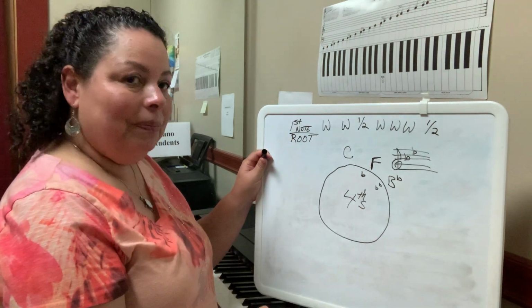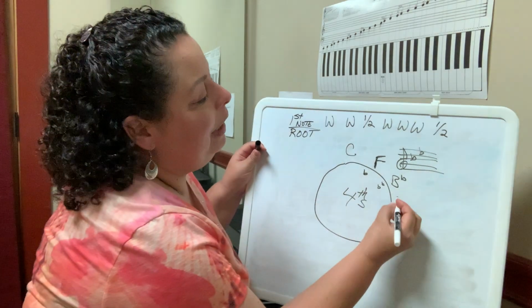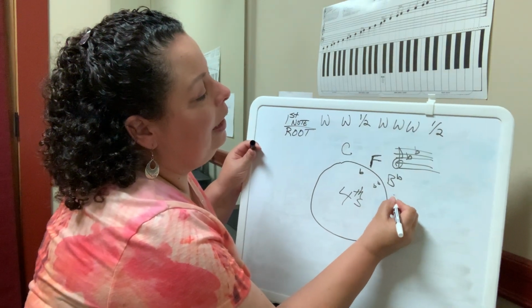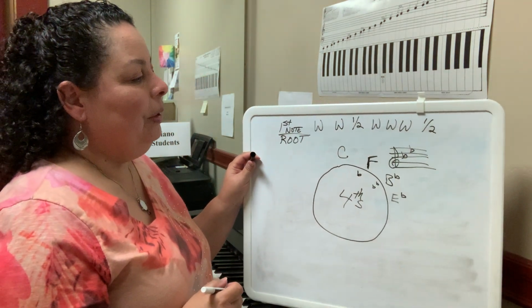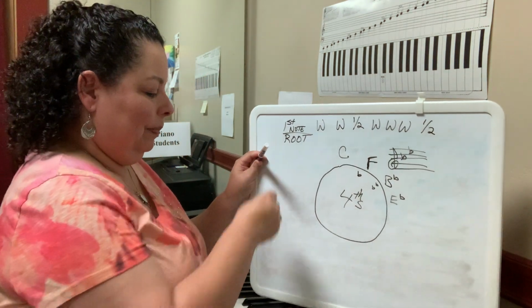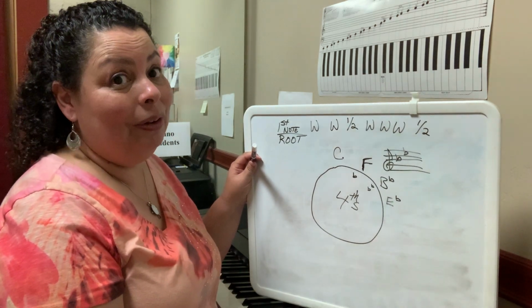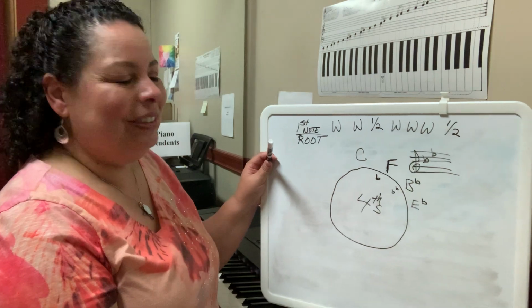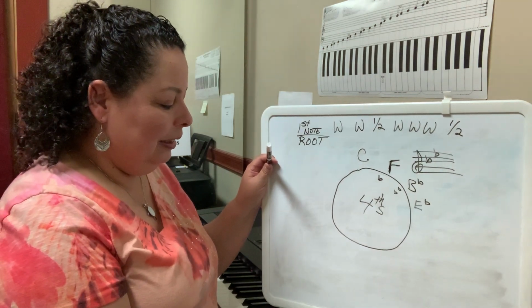So now E flat is going to be our starting note. So let me write that down. E flat. All right. So let's start on E flat. Okay. We're going to do our whole, half, whole, half. So let's start a whole note from E flat. What will that be?